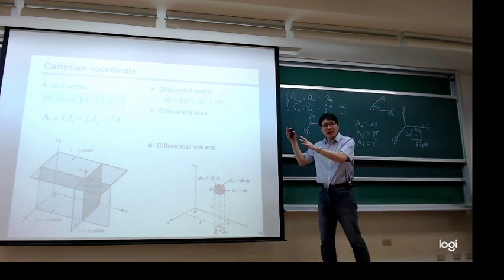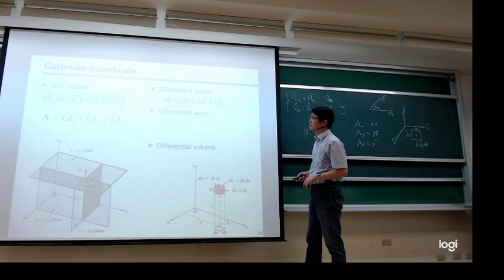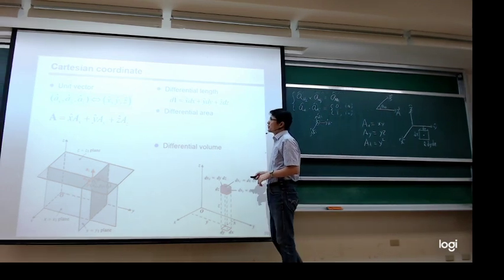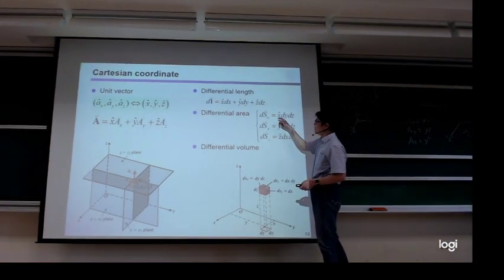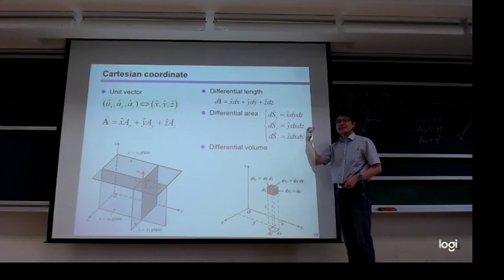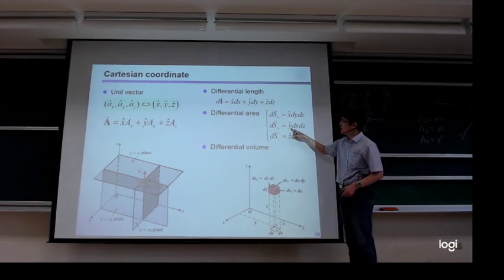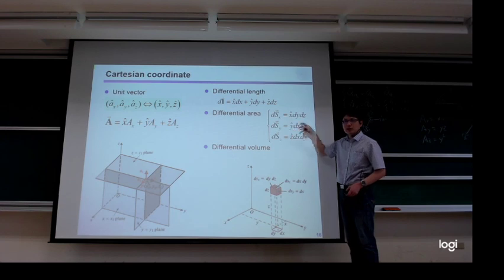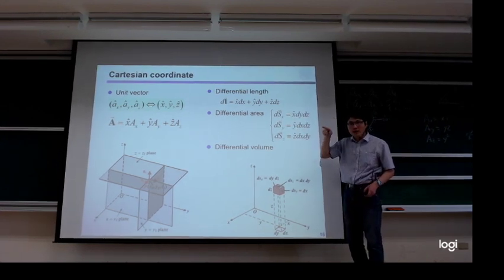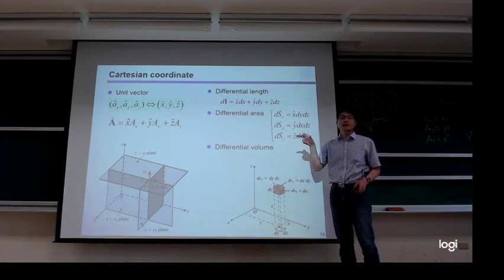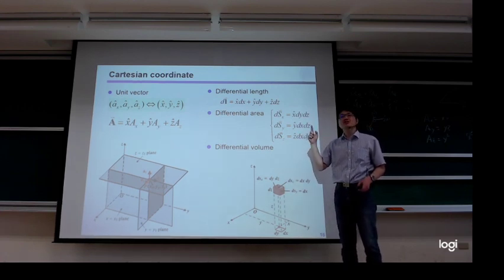Okay, so let's come back to the PowerPoint. So the other two differential areas would be, if you have a small square in the y direction, the direction is in y, then its magnitude must be determined by the differential length in the x and z direction.